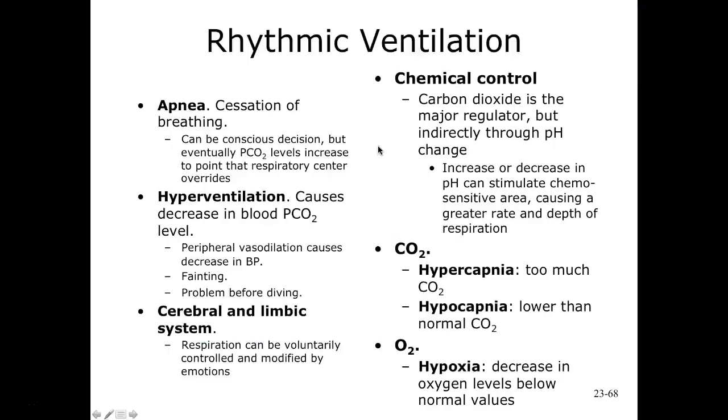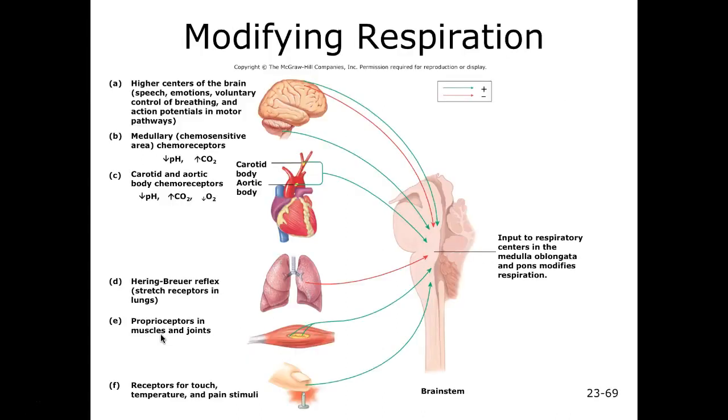Next we have oxygen. In hypoxia, we get a decreased amount of oxygen than what is normal. If we have decreases in our partial pressure of oxygen while we keep our pH and partial pressure of carbon dioxide constant, we get an increase in ventilation.